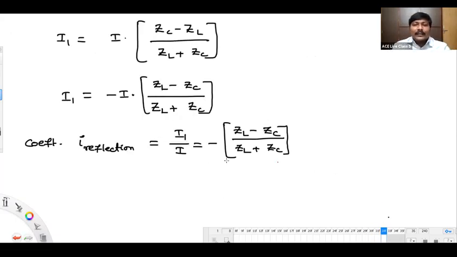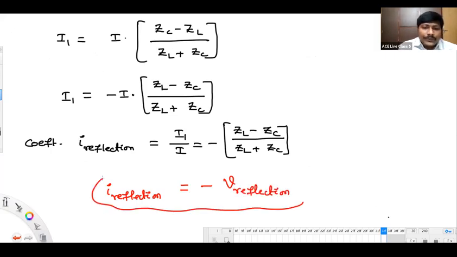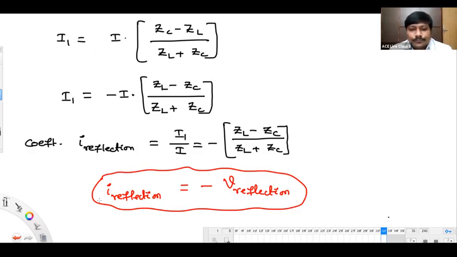What's the current reflection coefficient? Negative of that. You have to understand that the coefficient of current reflection is negative of the coefficient of voltage reflection. Whatever coefficients we calculated, they are independent of time, right?